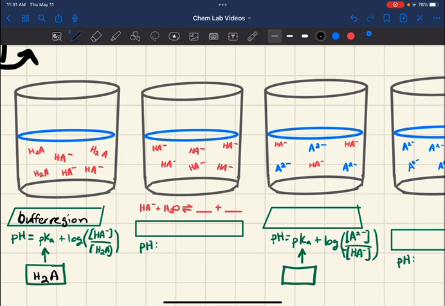In that case, we would form H3O+ and A2-. The alternative is that the Kb is actually larger than the Ka, so it acts as a base, and in that case, it would form OH- and H2A. So you would actually have to know something about the potential Ka values in order to determine whether it's going to act as an acid or base in this instance.